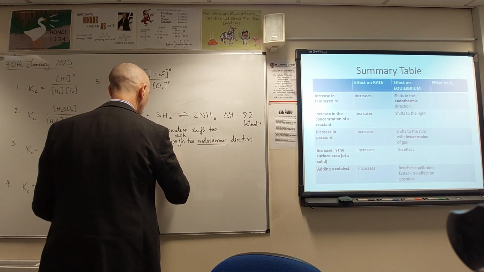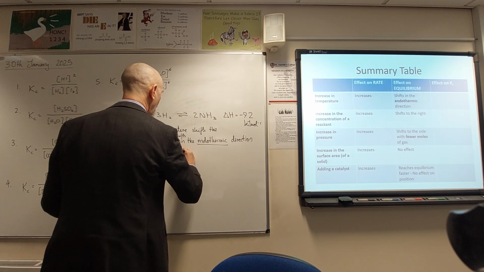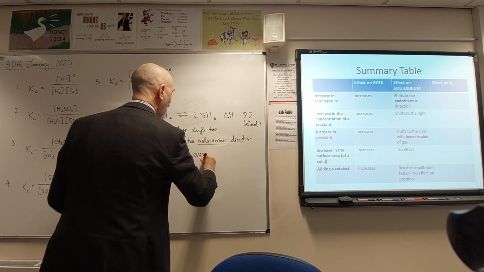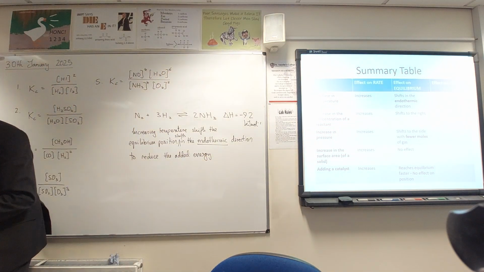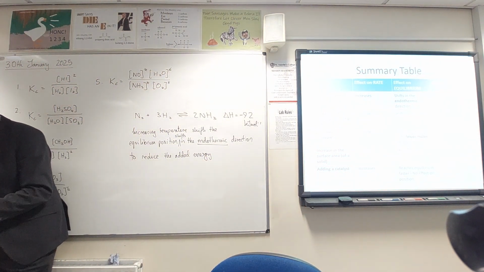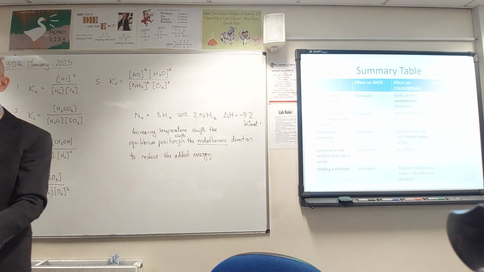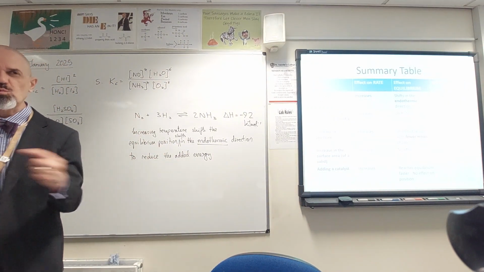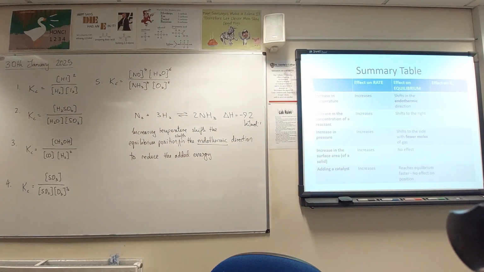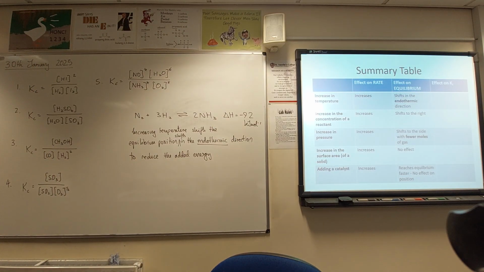I'm just going to explain it a little bit more. It's to reduce the added energy. The reaction is absorbing the energy to reduce the amount that we added by increasing the temperature. So we've increased the temperature.